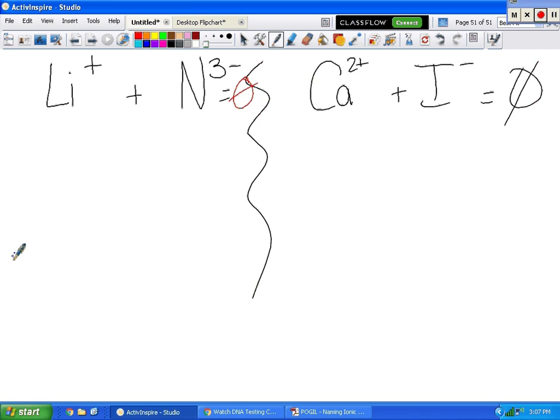I can't take away anything. I can only add. Add 2 lithiums, all right? Now, what's my total value here? That's 2 positives, right? What do I have over here? 3.